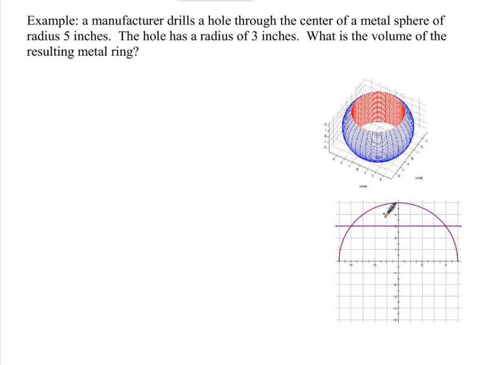Good. It can't be the y-axis because that's just going to give me this flat shape here. Not good. It has to be the x-axis. Now what? So what do we do? Figure out what your equations are. What are the equations?